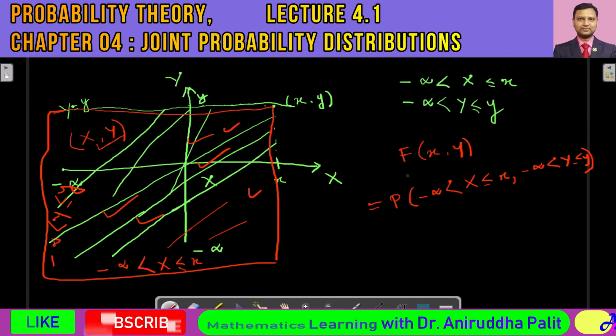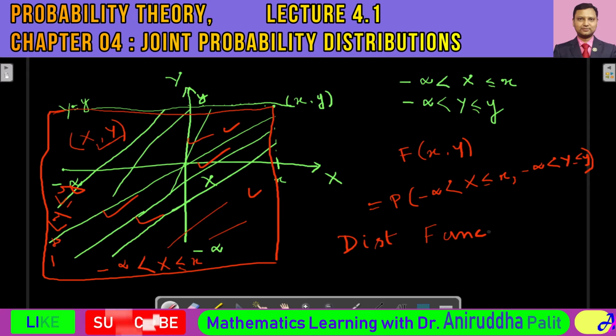So this probability is defined as a function, and that is the distribution function. We write it as the distribution function of the two-dimensional random variable X and Y. The random variable is capital X comma capital Y. The random variables are always designated by capital X and capital Y, and their corresponding real values are denoted by small x and small y.